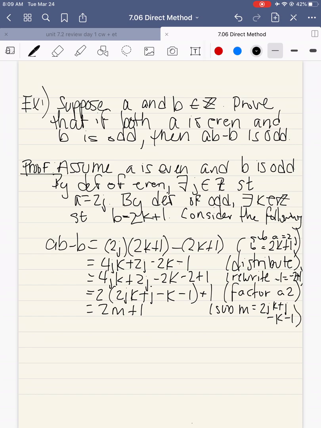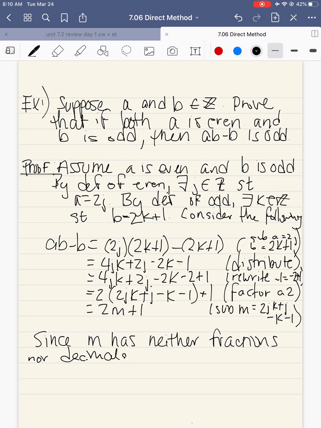And so now, essentially the same thing that we said before, m has neither fractions nor decimals, so there exists an m that's an integer. So let's just write our final statement here. So since m has neither fractions nor decimals, there exists an m that's an integer such that ab minus b equals 2m plus 1.